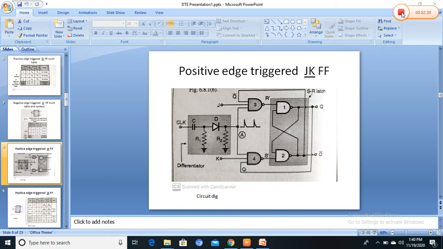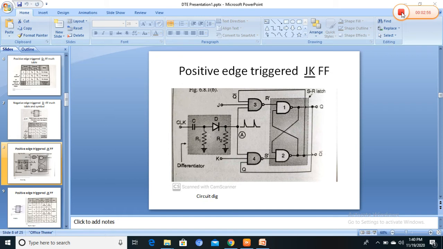We study here the positive edge trigger. When the clock is in the upward direction, J is equal to 0 and K is equal to 0, then R dash becomes 1 and S dash becomes 1. See the diagram and the truth table, and explain it in your own words.